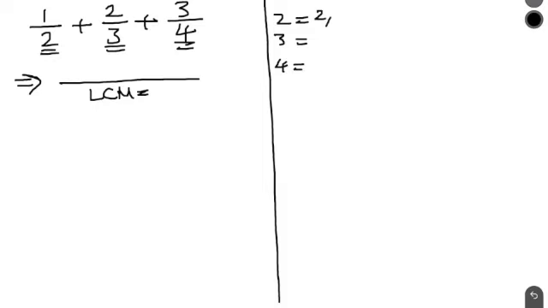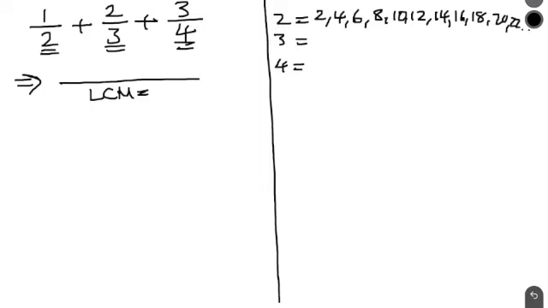It would be 2, 4, 6, 8, 10, 12, 14, and I would encourage you to list out as many multiples as you can. I'm sorry, it should be 18, 20, 22.